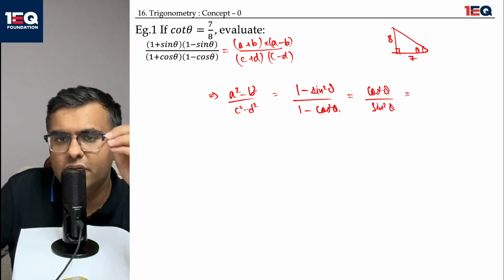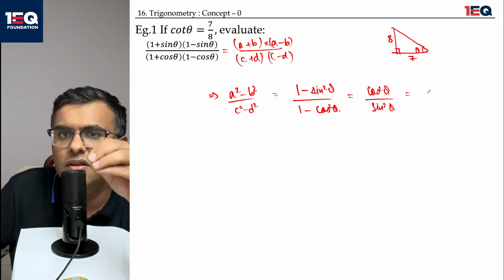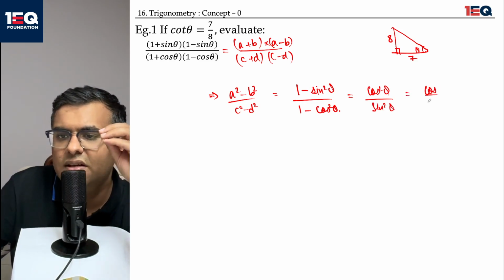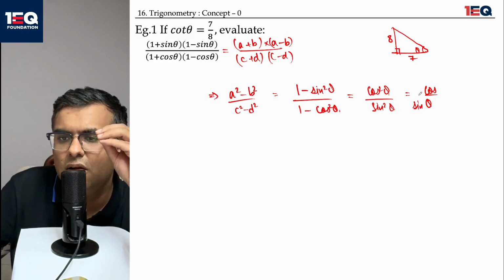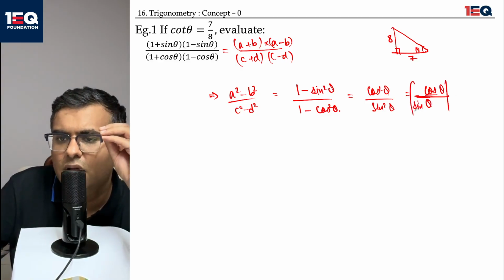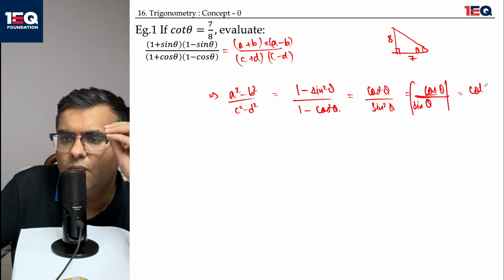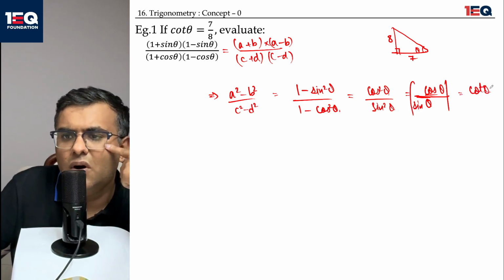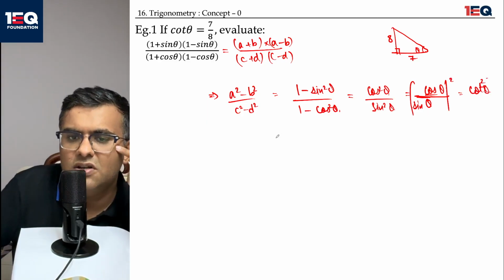I know I have overstepped it, but I want you to learn this method as well. We say that cos theta upon sine theta is equal to cot theta, and there is a square as well which was missing. So this is nothing but cot square theta.